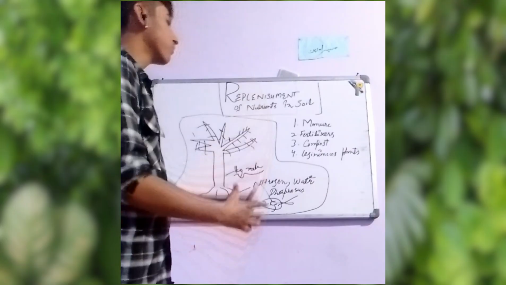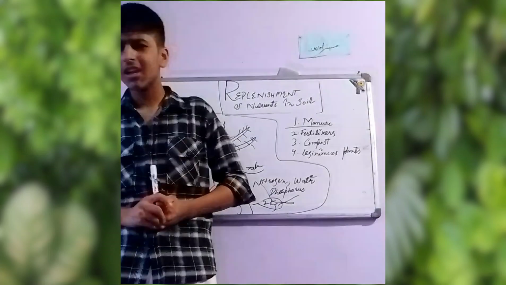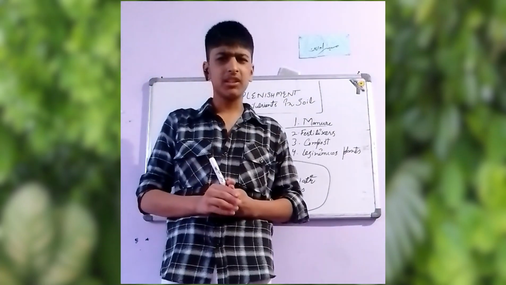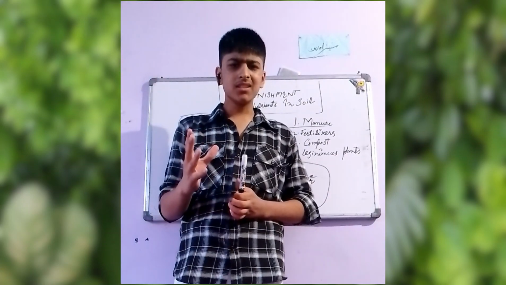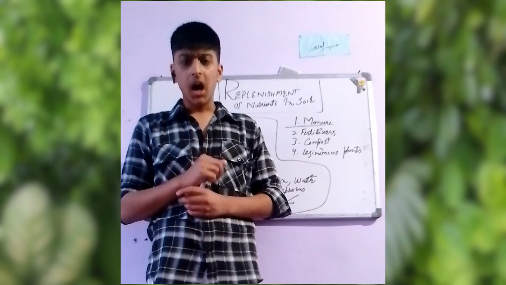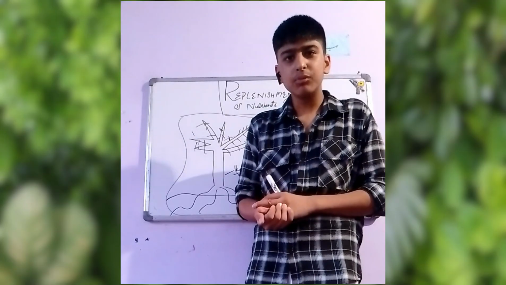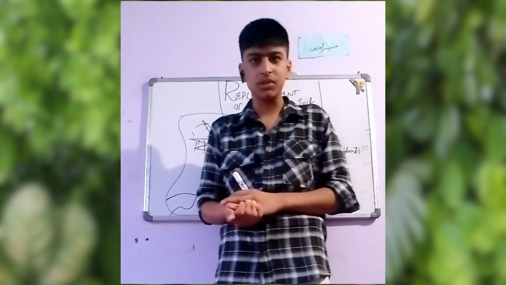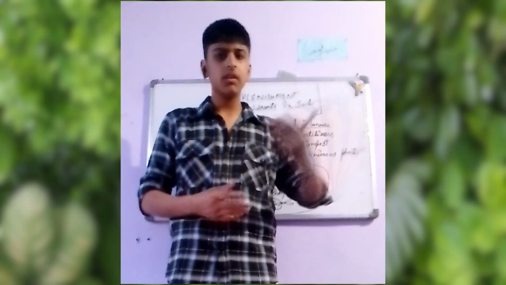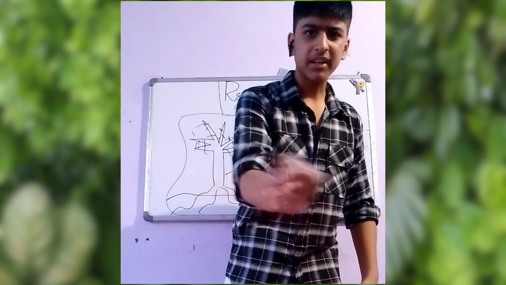So there are 4 ways. First one is manure. If you are from a farmer family, you may have seen your grandfather or grandmother take cow dung or any other waste from the animals to the garden and spread it all around.